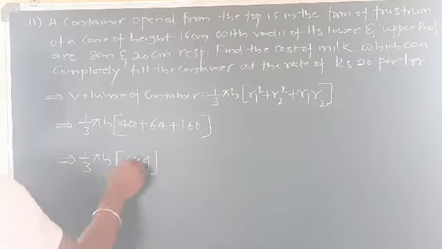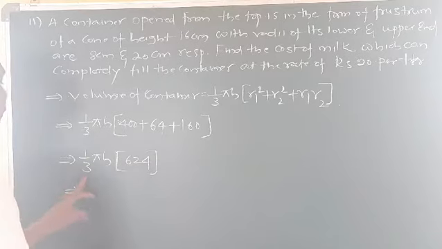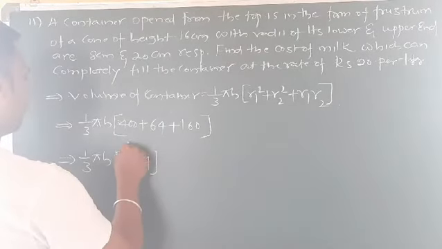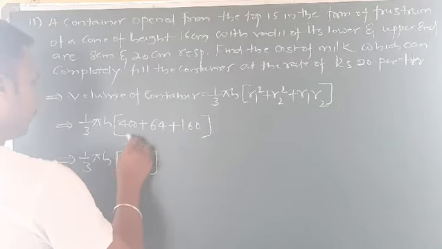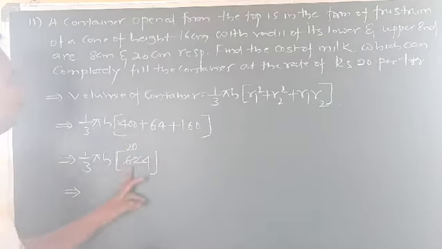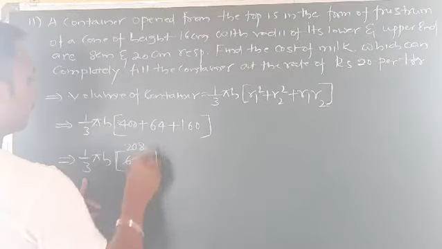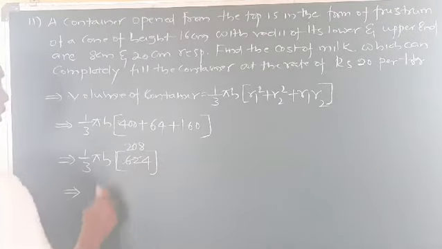First, if it is possible, divide: 3 ones are 3, 3 twenties are 60, and remaining is 2, so 24 will come, and 3 eights are 24, so 208 will come.